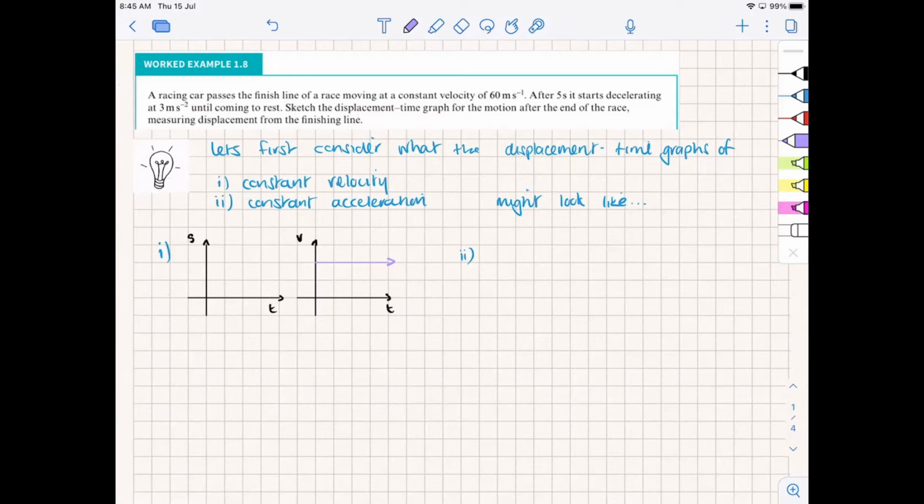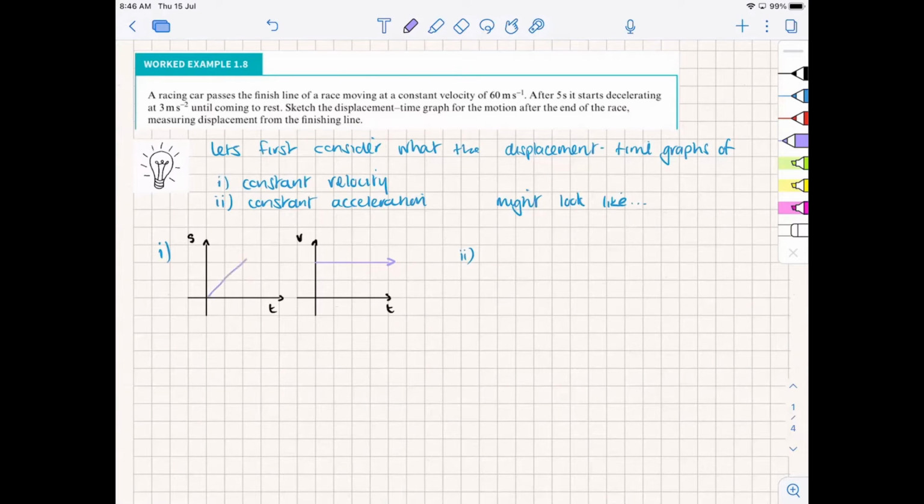I have constant velocity. In other words, the gradient for my displacement function is going to be constant, right? Not changing. And Dominic, what kind of graph has a constant gradient? A gradient that never changes? A straight line graph, right?